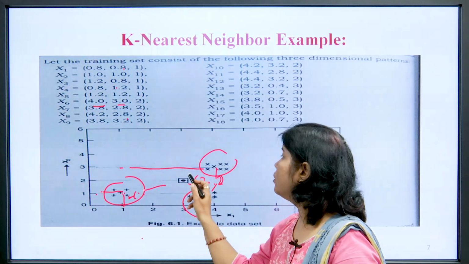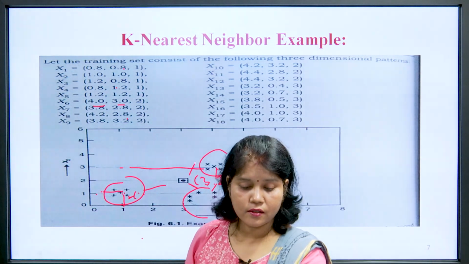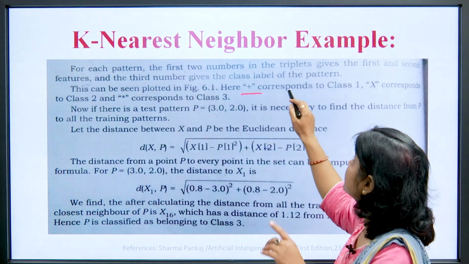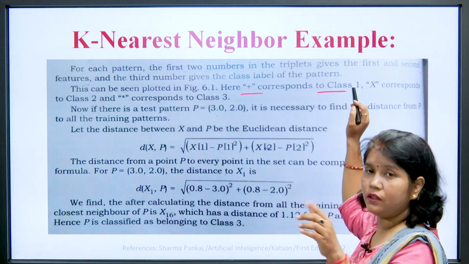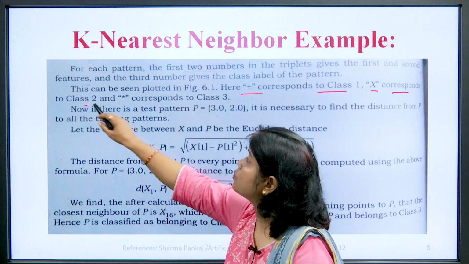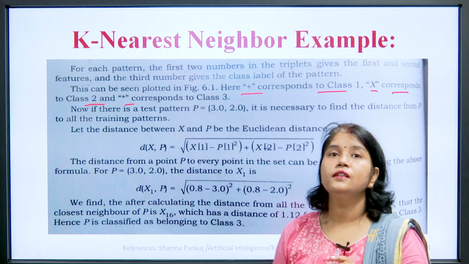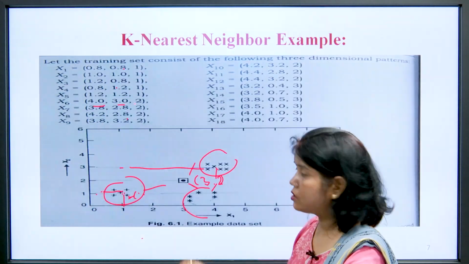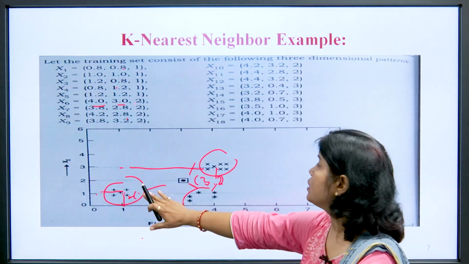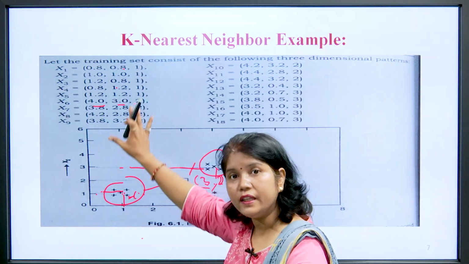Whatever new data point is introduced, you will find the distance between it and all the others. But how will you find the distance? See in this figure: the plus corresponds to class 1, this corresponds to class 2, and this asterisk corresponds to class 3. For these classes you maintain the data set.